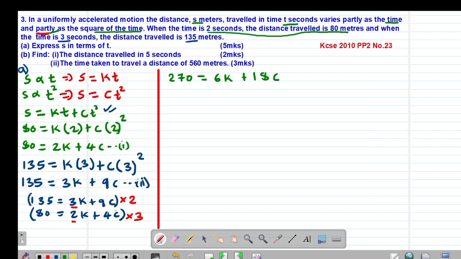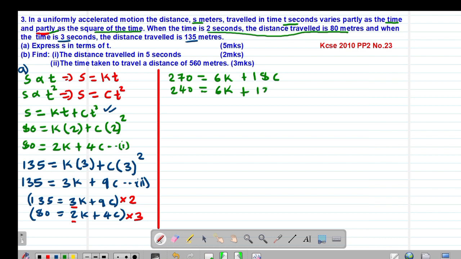Then 80 multiplied by 3, I'm going to get 240. So 240 equals 3 multiplied by 2k, I'm going to get 6k, then 4c multiplied by 3, I'm going to get positive 12c.